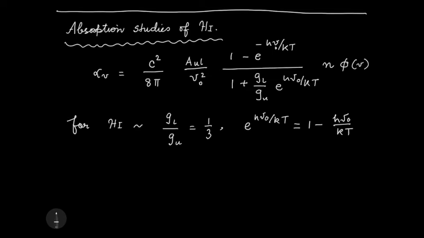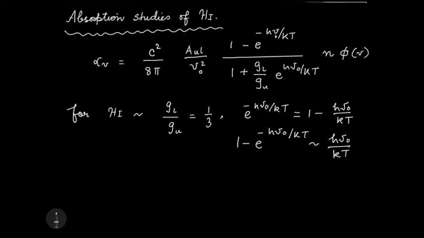So it really doesn't matter when I am multiplying it with 1 by 3 and adding it up to 1, this extra term doesn't matter. But when I calculate 1 minus e to the minus h nu naught by kT, then 1 will cancel out. So this 1 minus e to the minus h nu naught by kT is essentially h nu naught by kT.